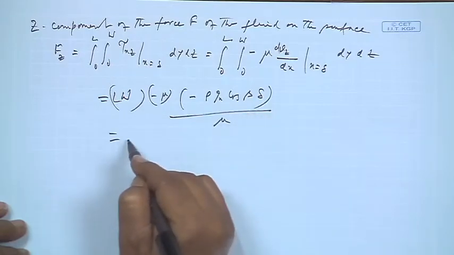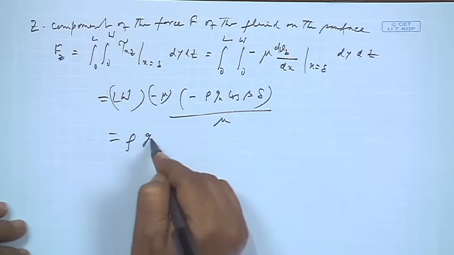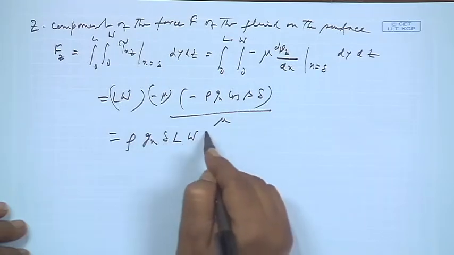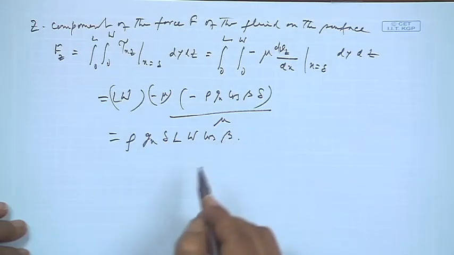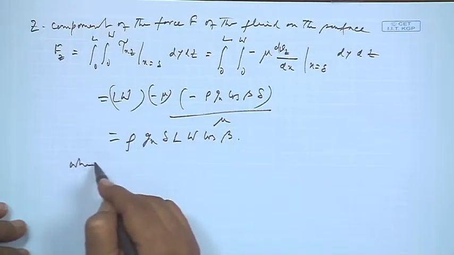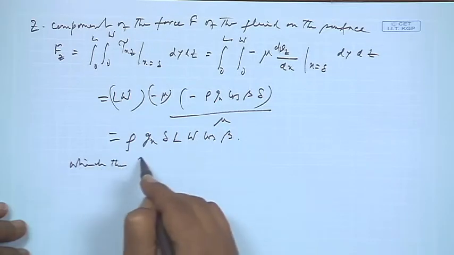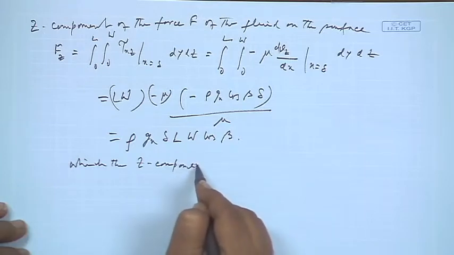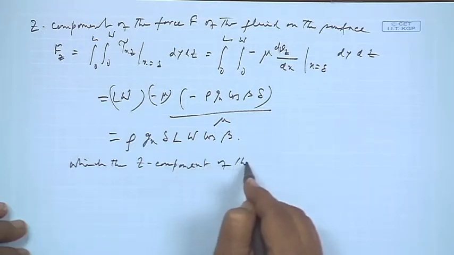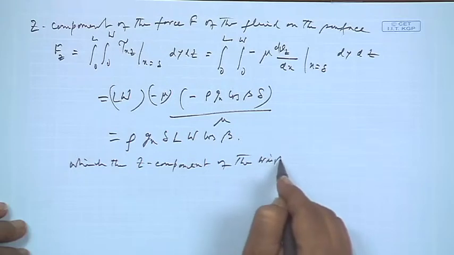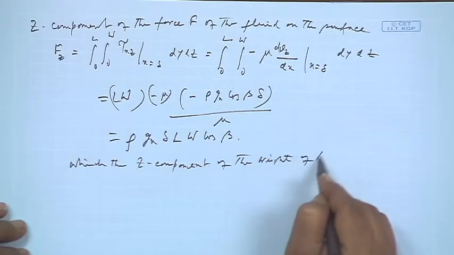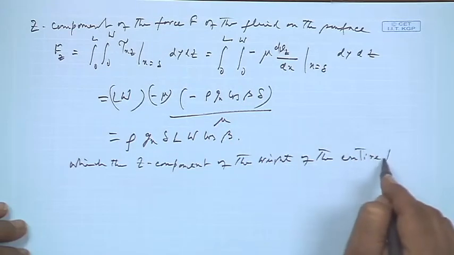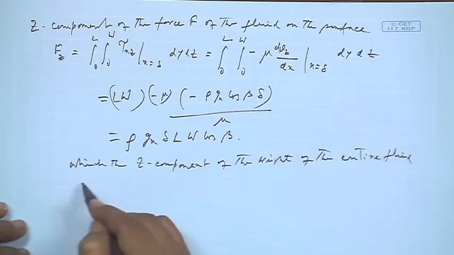On simplification, this is rho gx del L W cos beta, which is known as the Z component of the weight of the entire fluid in the film.